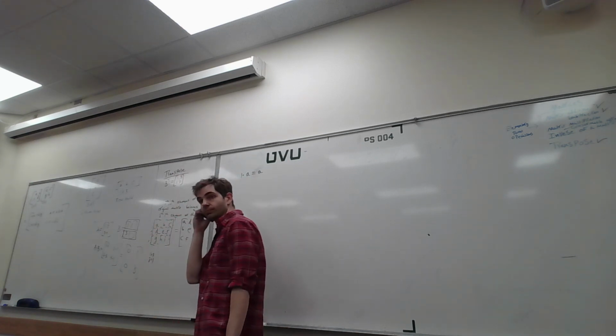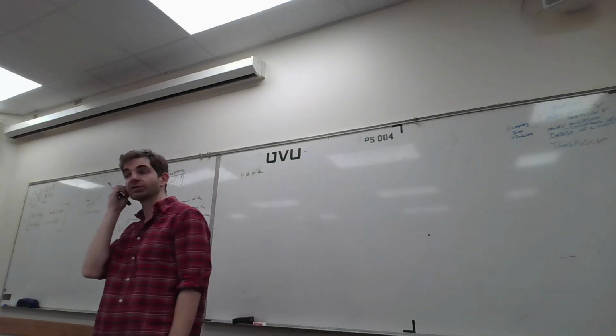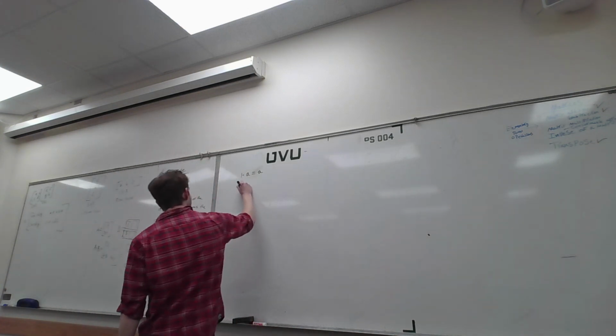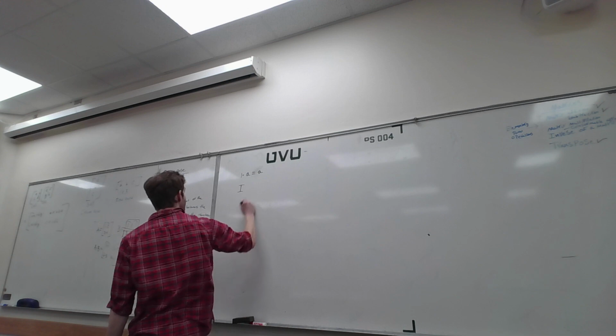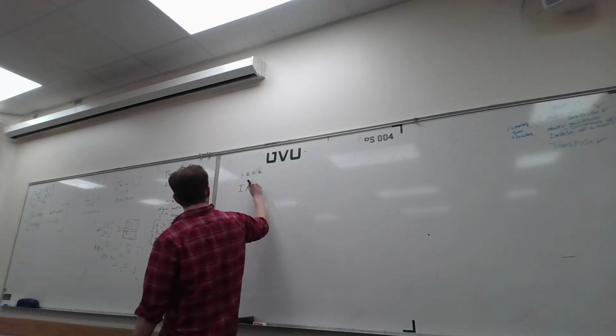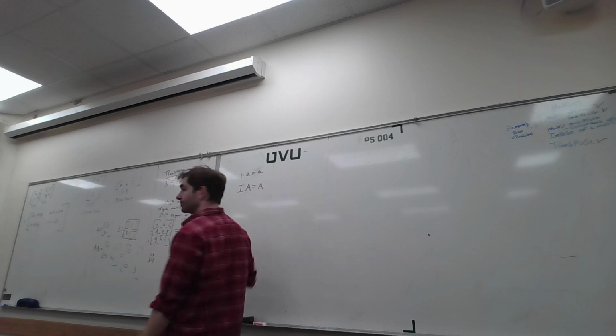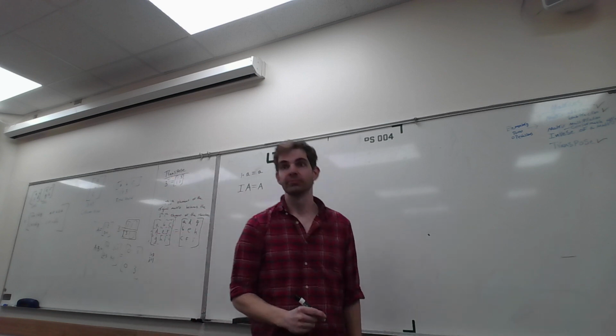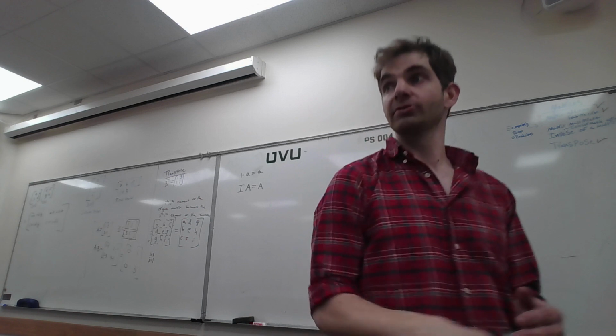There is a matrix in the universe, we'll call it I, such that when I take I and multiply it by some matrix A, I get A. That matrix exists. We call it the identity matrix.